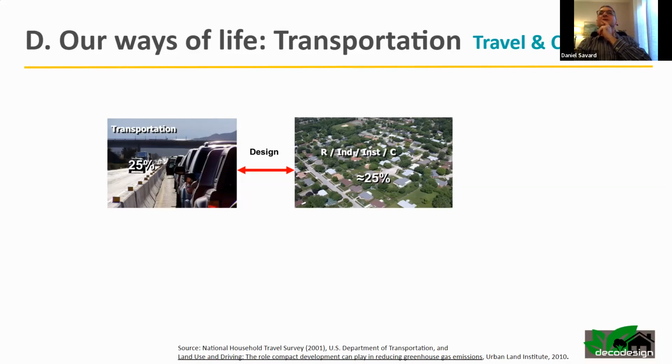And studies have also shown that land use activities such as residential, industrial, institutional, commercial create another 25% roughly of greenhouse gas emission. But they never talk about design and how design can reduce greenhouse gas emission. You just give the numbers, okay?